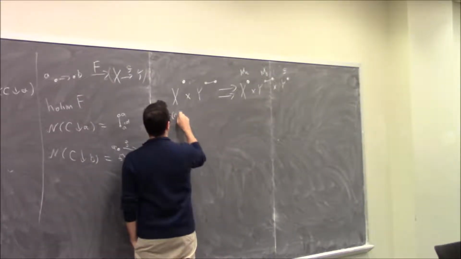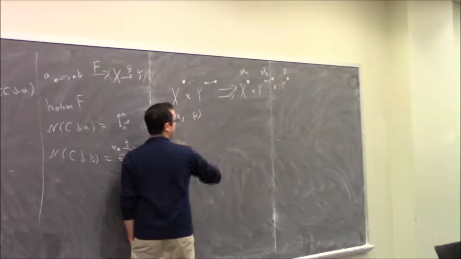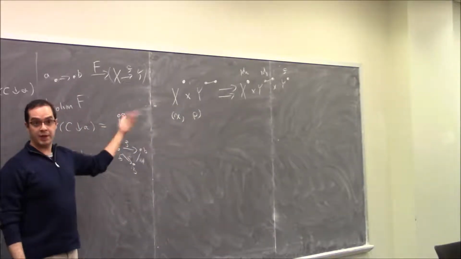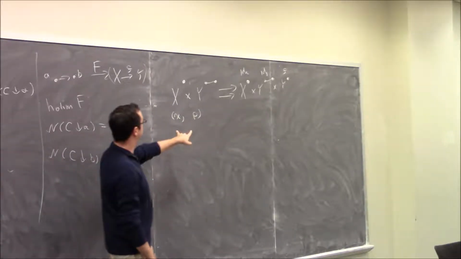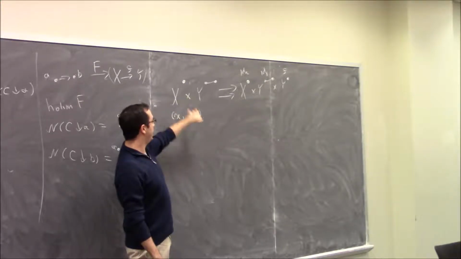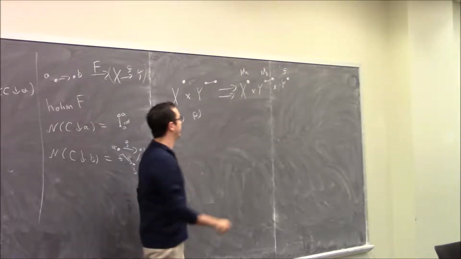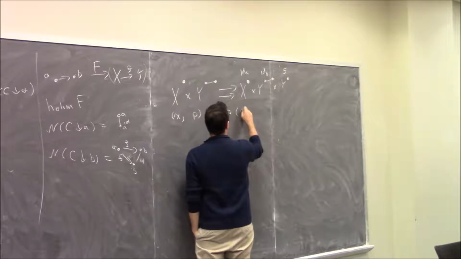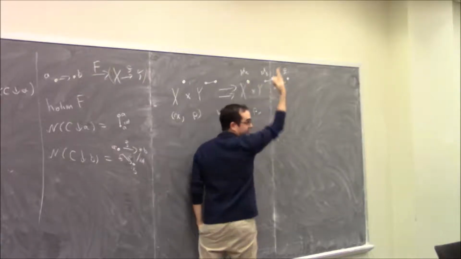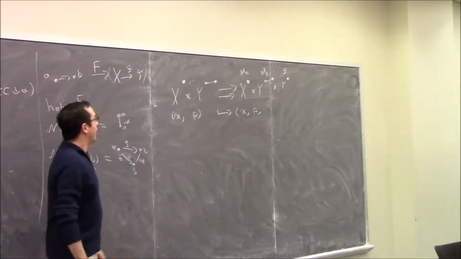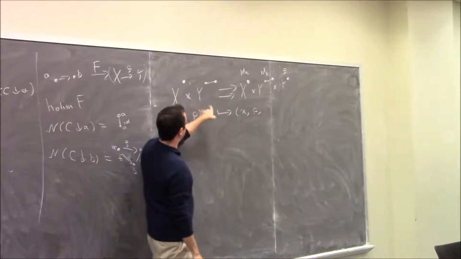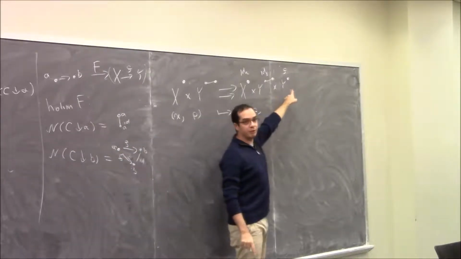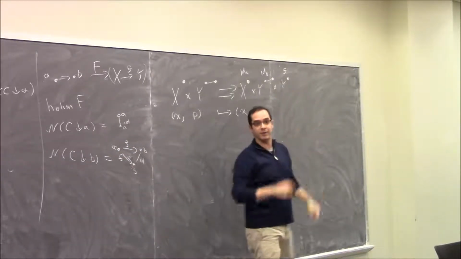Okay, so let's take something in here. We get a point in x and a path in y. The identities don't really tell me anything. Okay, so now I want to get a point in y, and I want to use my functor somehow.